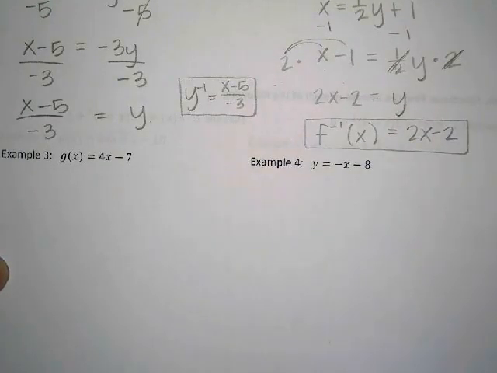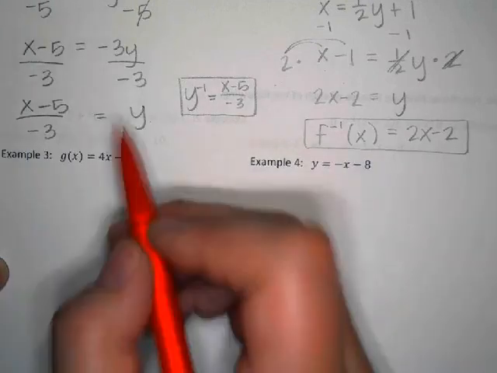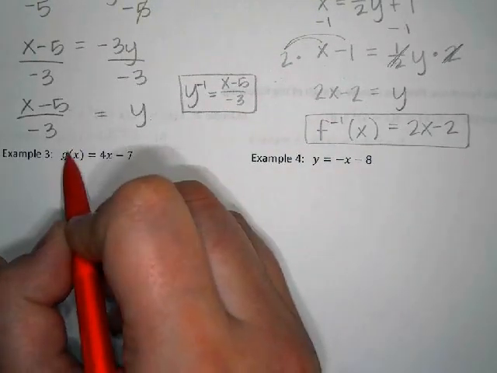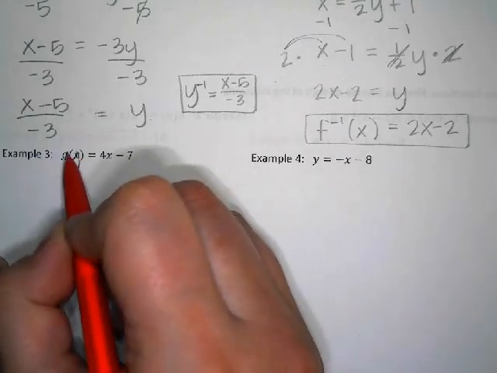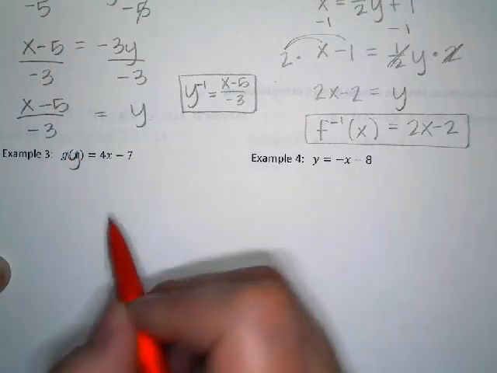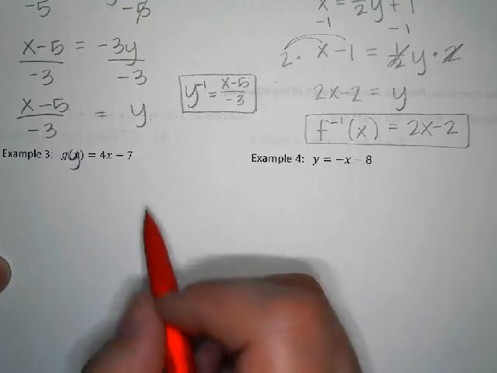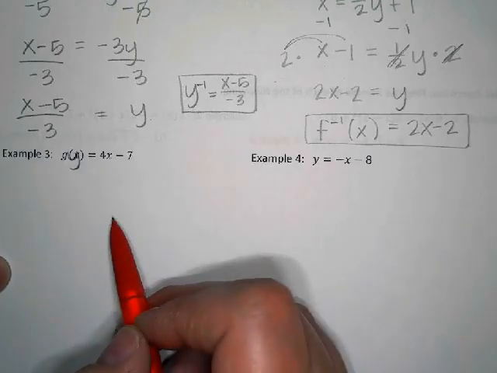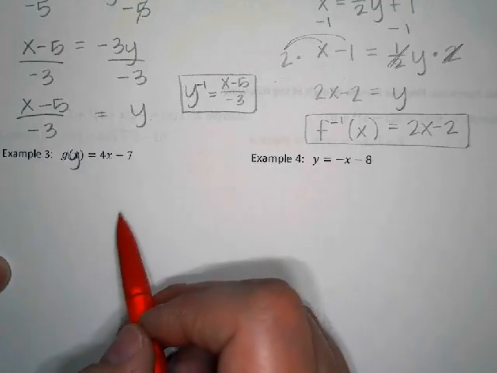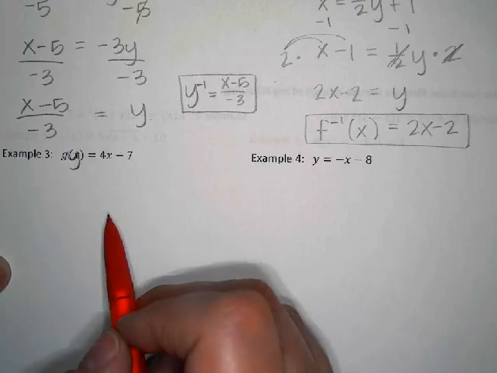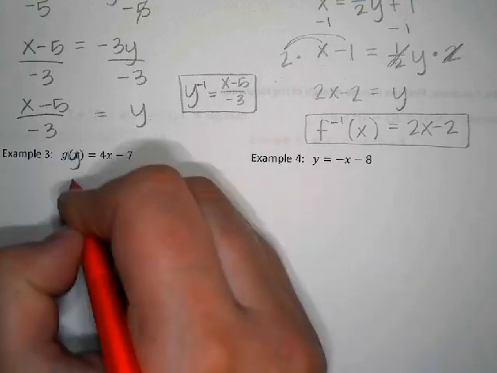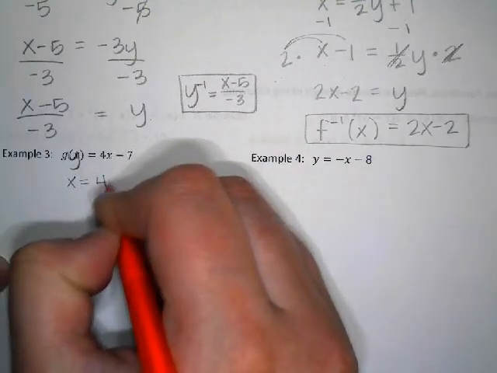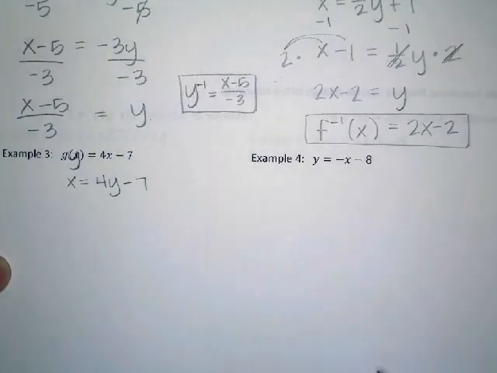Okay, on this one, here's g, this is a y. What's my first step? I trade the x and the y. And then what do I do? I'm trying to get the y alone. So what could I move over to the other side?